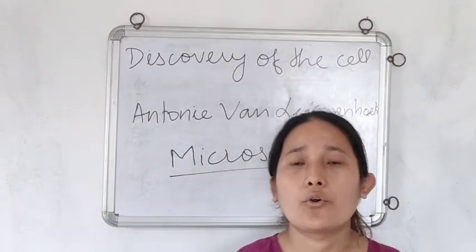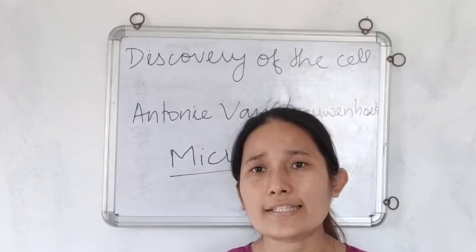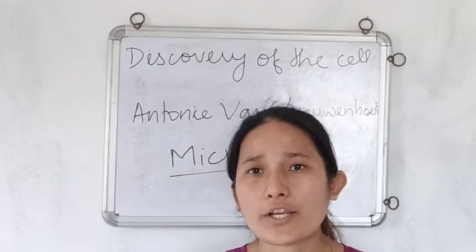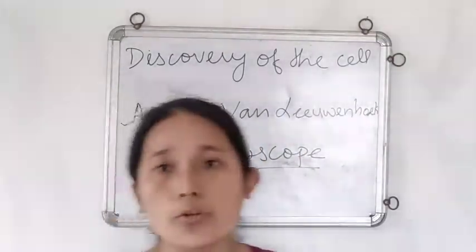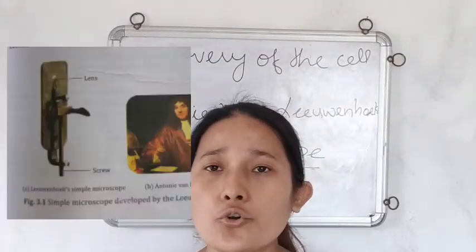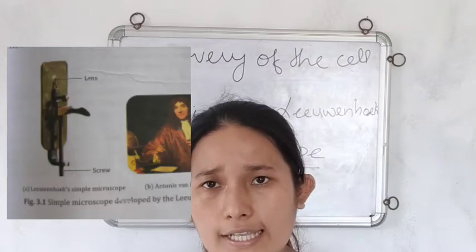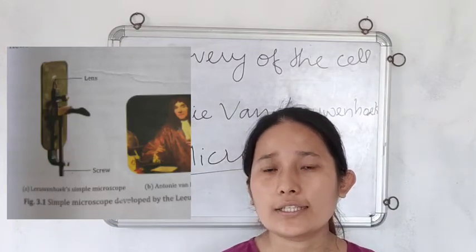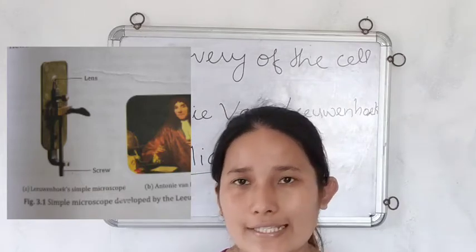Now the scientist who was the first one to visualize the cell, or discover a microscope, was Antony van Leeuwenhoek. He developed a microscope, but that microscope was made up of only a single lens, and he observed cells in a drop of water, but he did not name it a cell.